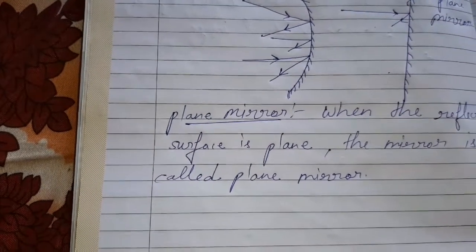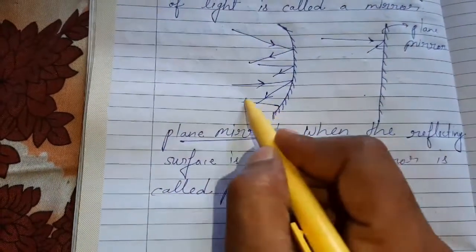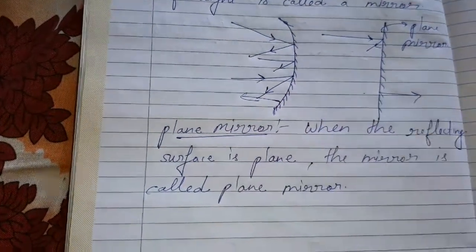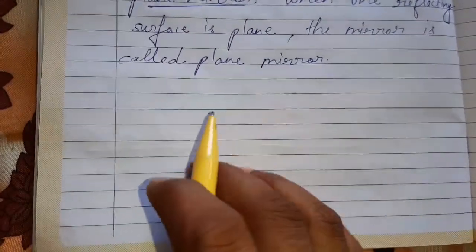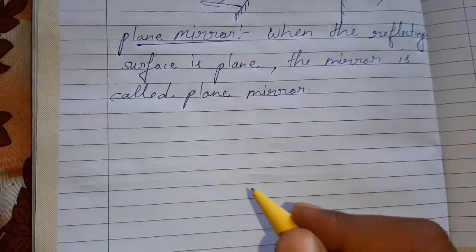And what is a spherical mirror? This is the example of a plane mirror. Okay, understand? Next, what is a spherical mirror?